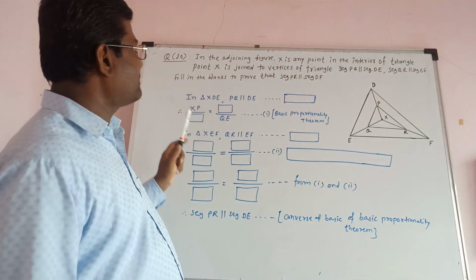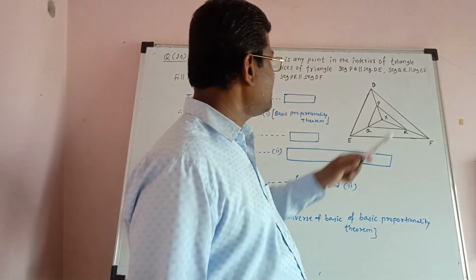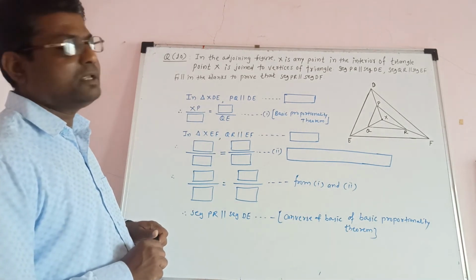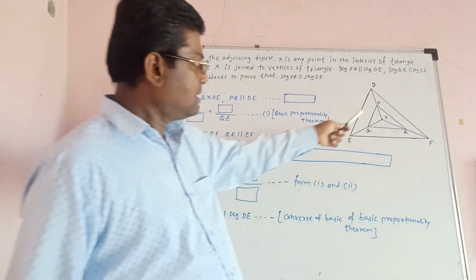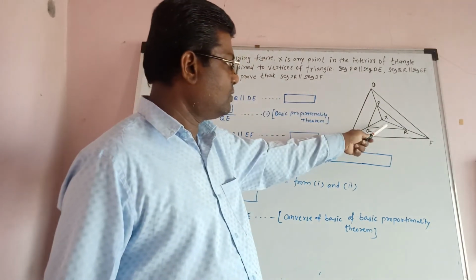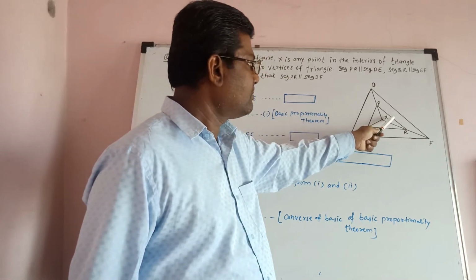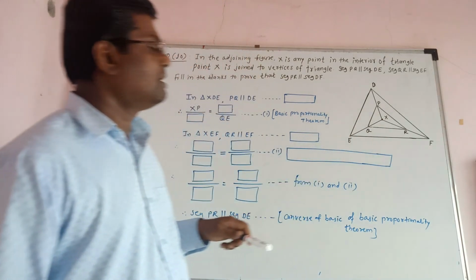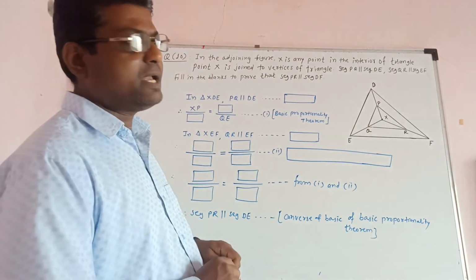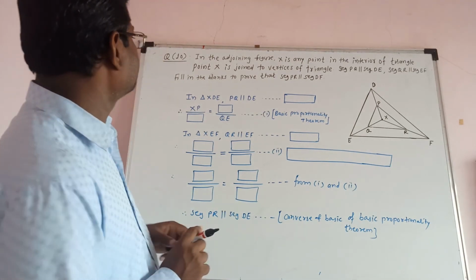Fill in the blanks to prove that segment PR parallel segment DF. This is a triangle DEF in which PQ parallel to DE and QR parallel to EF. Then we have to prove that PR parallel to DF. Here we use basic proportionality theorem to prove this activity.